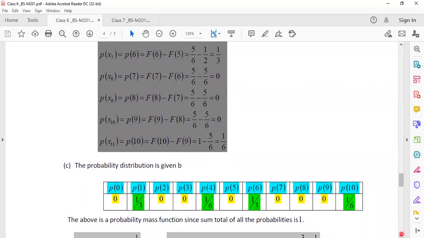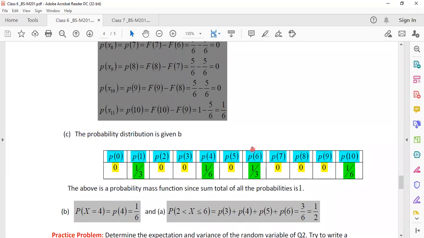The probability distribution is therefore rewritten in the following manner. P0 is 0, P1 is 1/3. Whatever we have calculated, I have put in the table. And once you get your probability in this manner, you can very well calculate the respective probabilities.